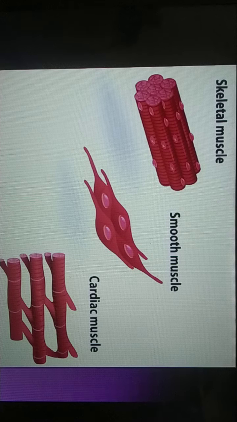These muscle cells have myofibrils that form the light and dark bands. When you go to a higher class, you will study that they have two types of proteins, actin and myosin. Where do you find striated or skeletal muscle?